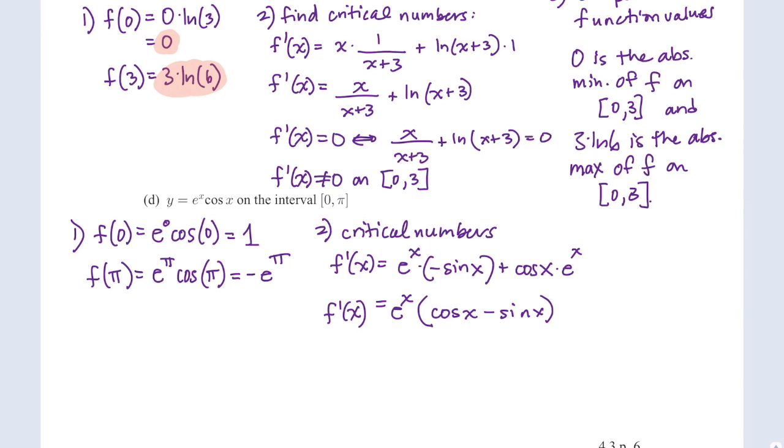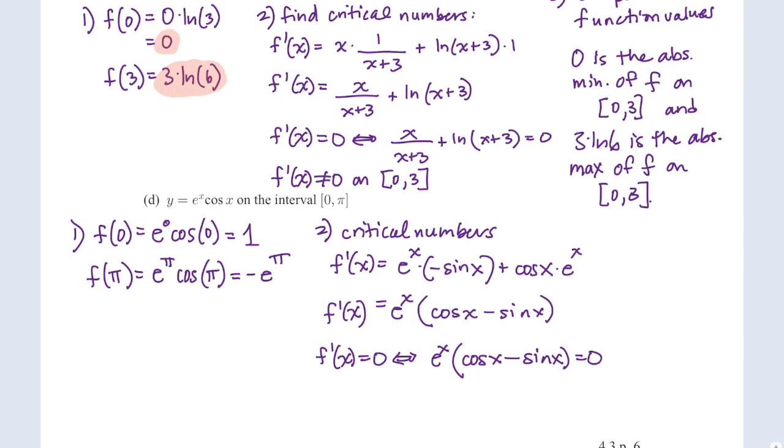So there's a cleaned up form of my derivative, and again, the only reason to clean it up is we want to know where it's 0. So if I have it nicely factored like that, knowing where it's 0 will be a little bit easier. So we'd say this derivative is 0 if and only if e to the x times cosine of x minus sine of x is 0.